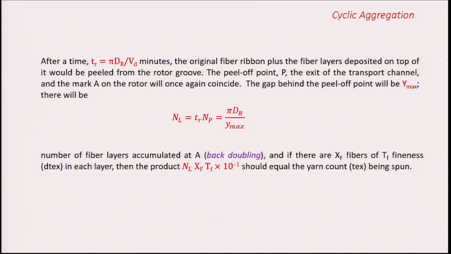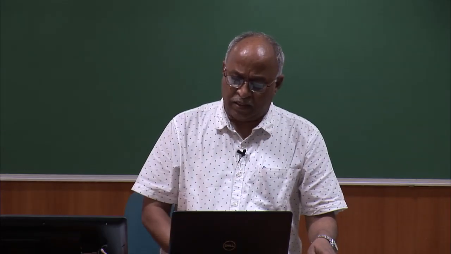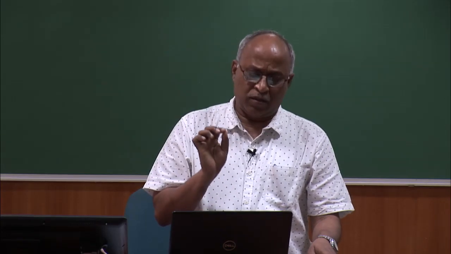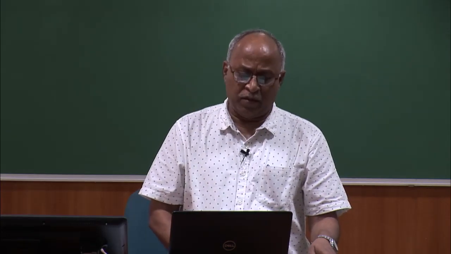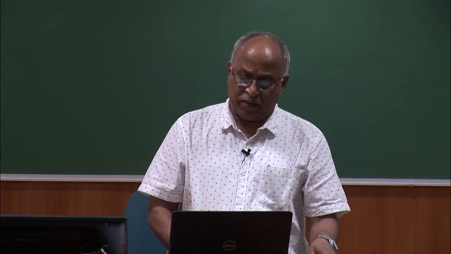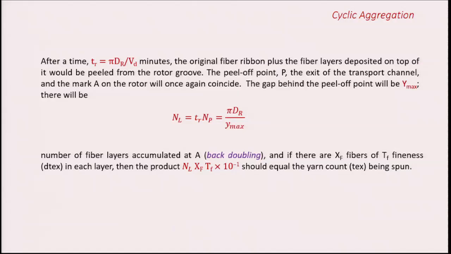If you have so many layers, you should be able to reach the count of the yarn. All other parameters, like the number of fibers in one layer and the fineness of each fiber, should be suitably selected, so that the number of layers NL times XF, which is the number of fibers, and TF, which is the decitex or fineness of the fiber, should give the total linear density, that is equal to yarn count in tex. 10 to the power of minus 1 is given here to adjust for the units.